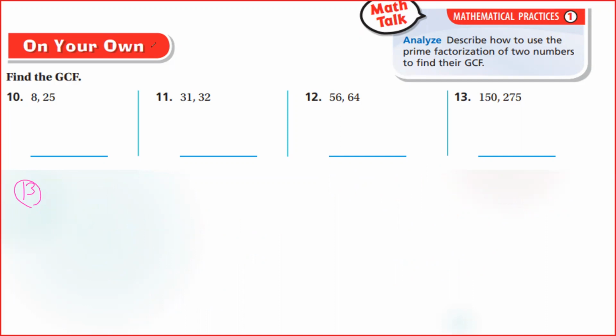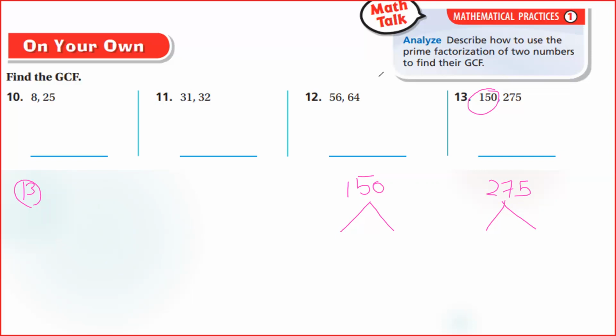Because of that, sometimes prime factorization is better than writing the factors. It's hard to write all the factors, because sometimes you forget one that doesn't come to your mind. So now the prime factorization will be better.